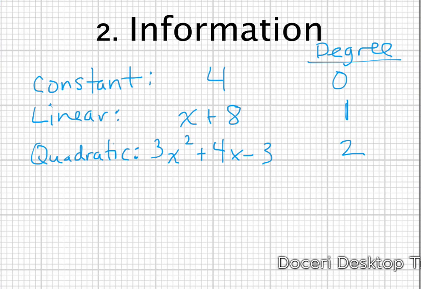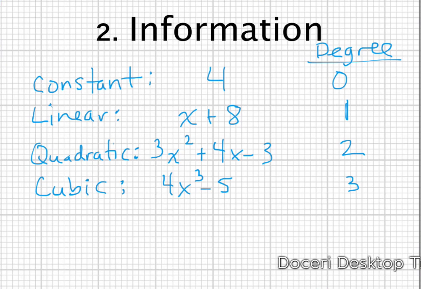And the square has how many sides? 4 sides. So this actually represents the area of a square, which is why it's called a quadratic. A cubic is of degree 3, and an example of that would be 4x cubed minus 5. And this, you guessed it, would become a cube.